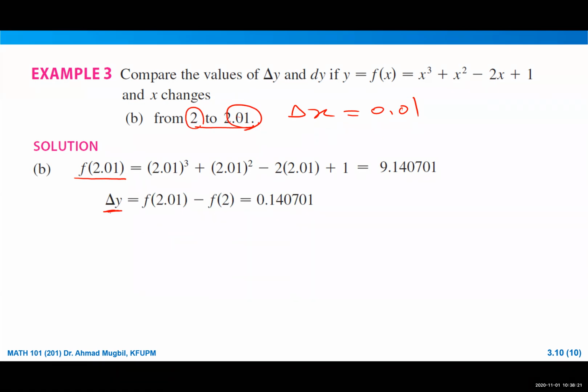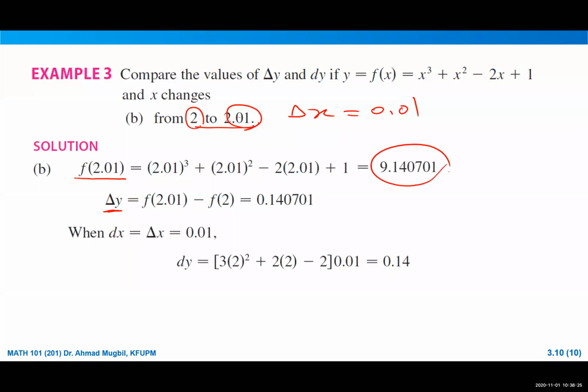Now again, it takes time to calculate this part. But if you calculate dy, delta x is given there, so dy will be very easy. It will be just the derivative at 2 multiplied by dx, and it is 0.4. If you compare this value with this value, you can see that they are approximately the same.